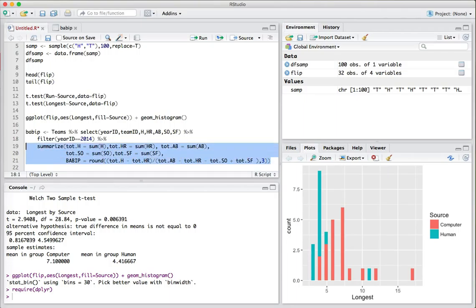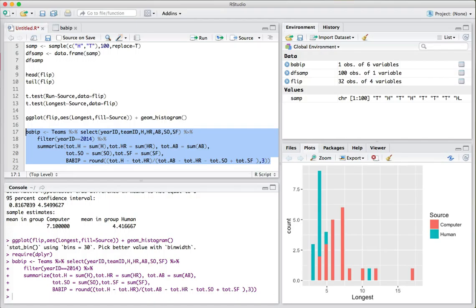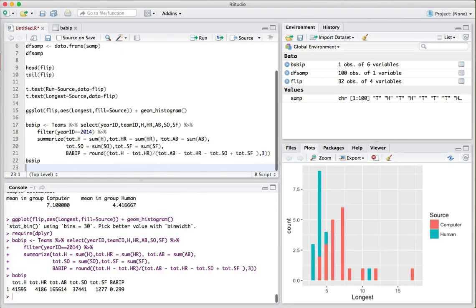So we'll run this code here, and BABIP is now a single number. It's essentially the summation of all of the team data collectively for 2014. So if I just run that, what I can get is the overall BABIP for 2014 in Major League Baseball, and it was almost at .300.